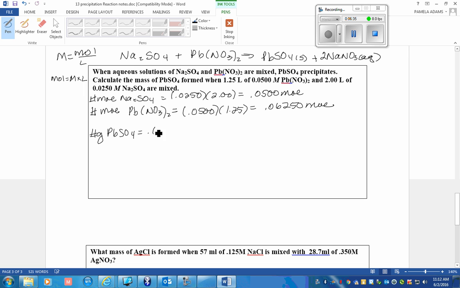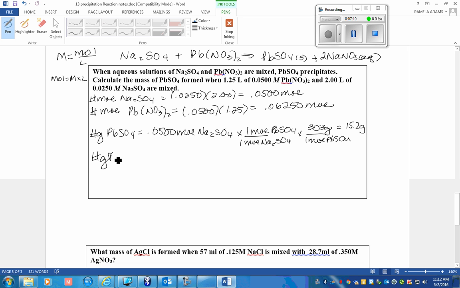So we start out with 0.0500 moles of sodium sulfate. According to our stoichiometry, 1 mole of sodium sulfate is equal to 1 mole of lead sulfate. 1 mole of lead sulfate has a molar mass of 303 grams, and that gives us 15.2 grams of lead sulfate that can be made when we use up all the sodium sulfate.